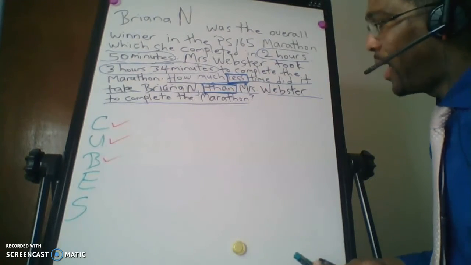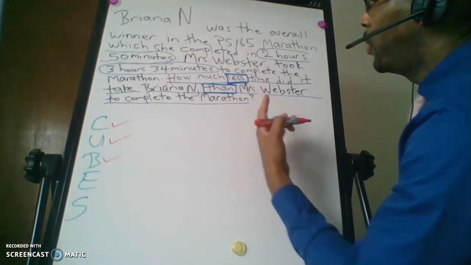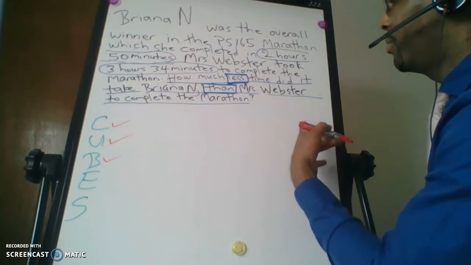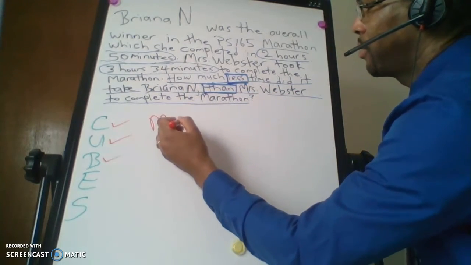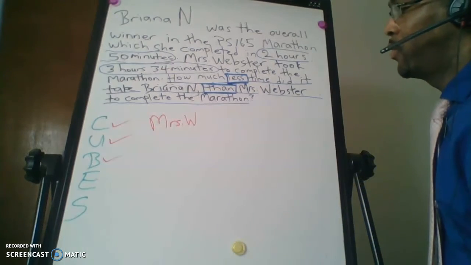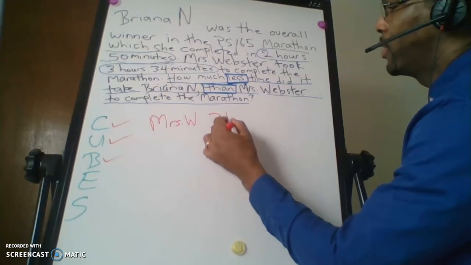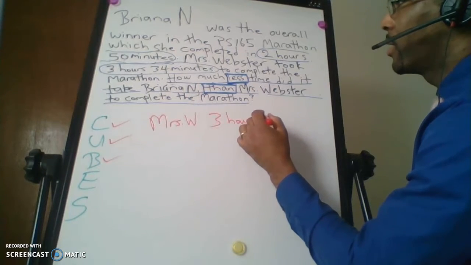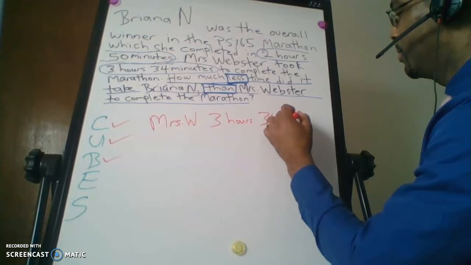Now I am going to evaluate. So we want to find out how much less time Brianna N took than Miss Webster. So first I find out how much time did it take Miss Webster? It took Miss Webster 3 hours and 34 minutes.